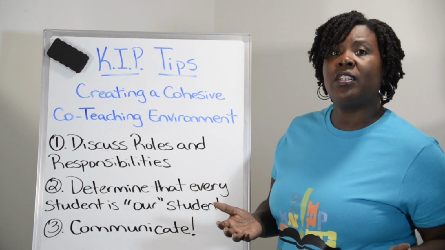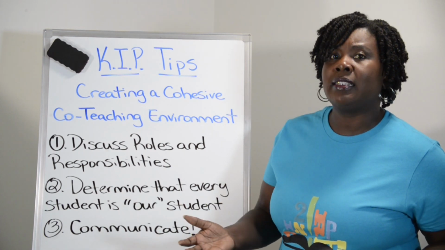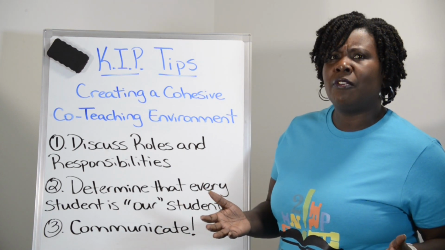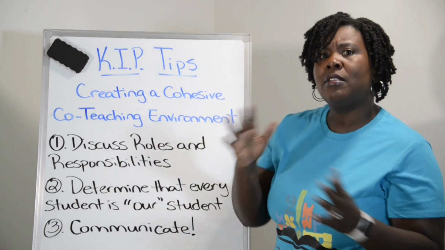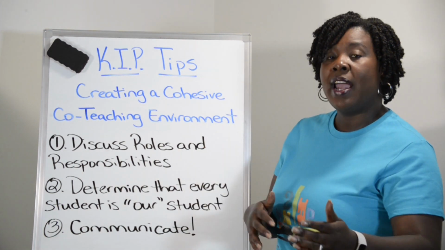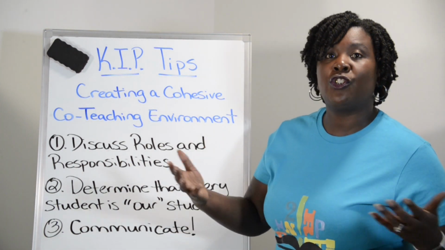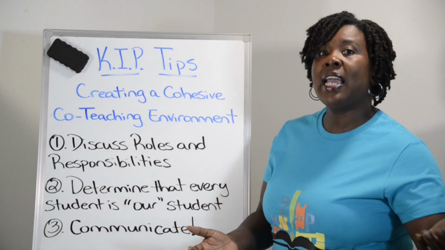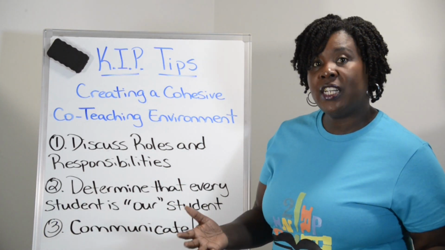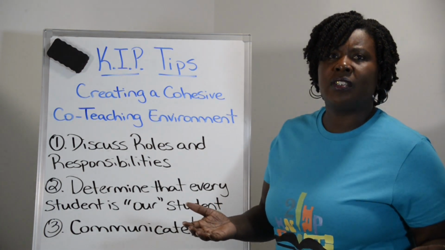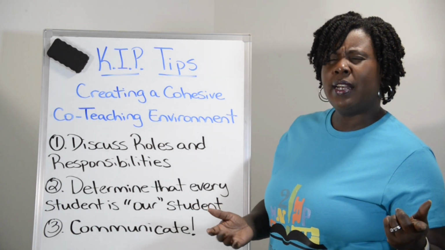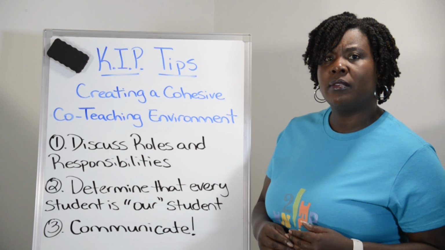So if I saw a child struggling on a concept, I didn't ask myself, does that child have an IEP? No. I just went over and provided the help that that student needed. And it was the same for my co-teacher. If she saw that a child was struggling, she didn't ask herself, does that student have an accommodation or support?